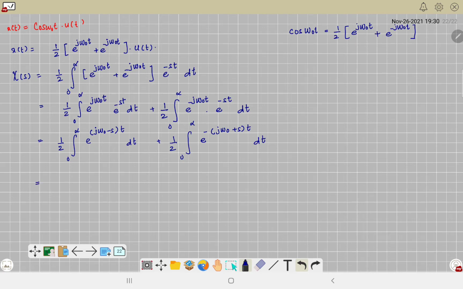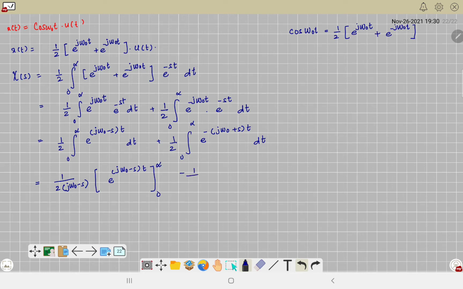Then it will be 1/2 times 1 over j omega naught minus s, and e raised power j omega naught minus s into t between the limits 0 and infinity.